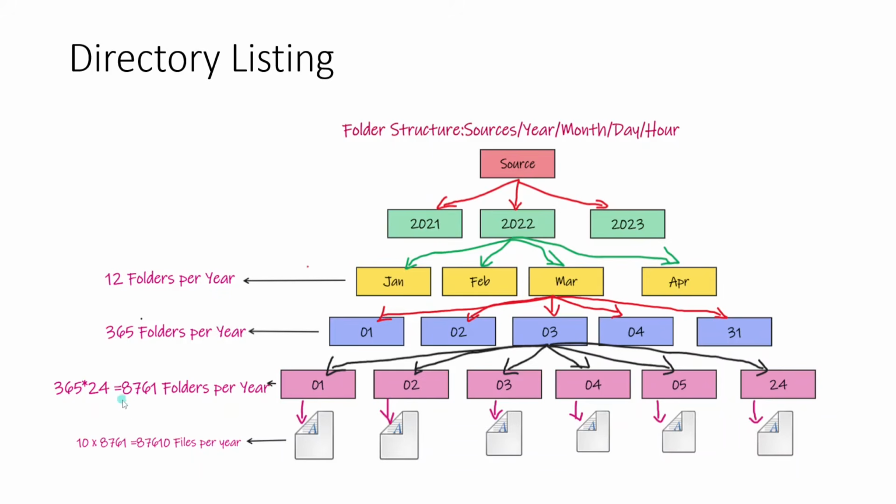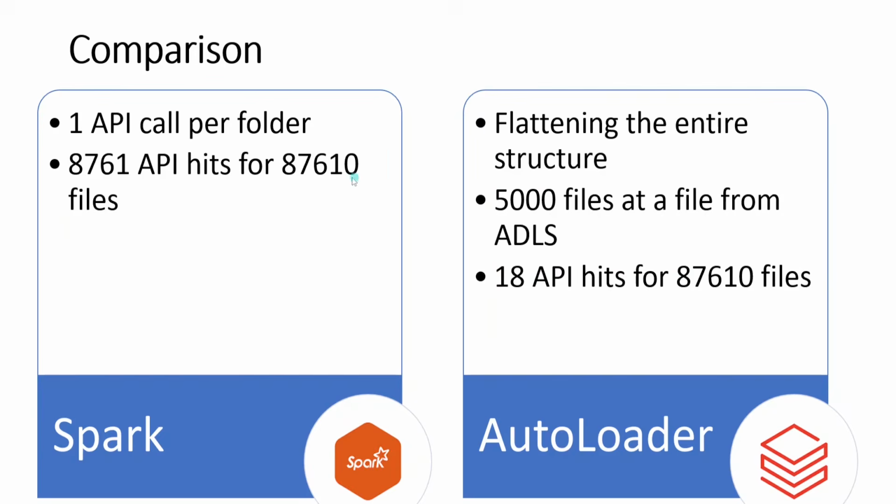In this case, we have 8,761 folders, which means in order to process 8,761 folders, it will send that many API calls. And in order to process 87,610 files, it needs 8,761 API calls. But coming to AutoLoader, this follows a different, powerful algorithm.